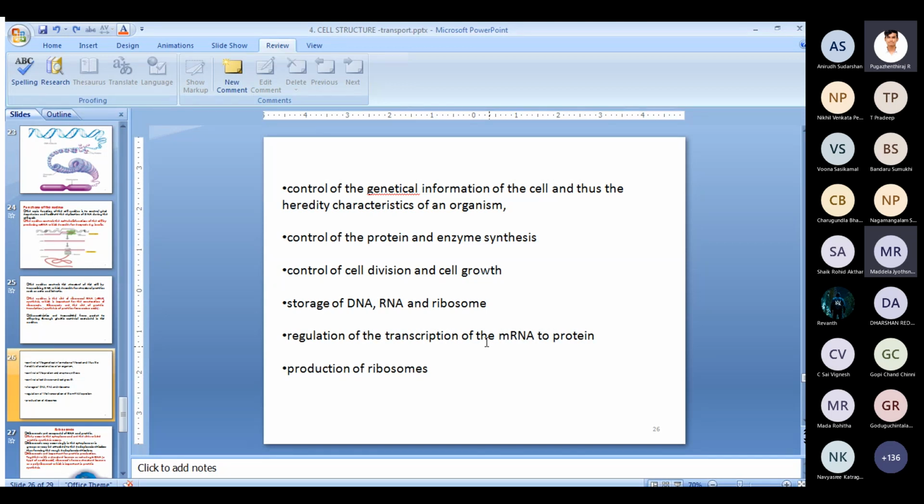Next class I will tell you about transcription and translation. It regulates the transcription of mRNA into protein and the production of ribosomes. These are all the important functions of the nucleus, and that is why it is called the brain of the cell, because it controls each and everything. So the nucleus is very, very important.